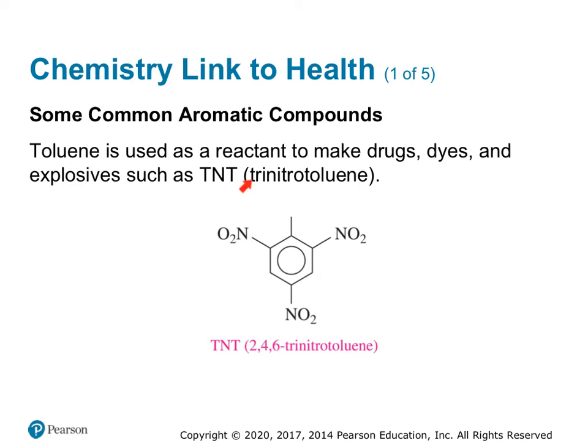TNT stands for trinitrotoluene. So here we have the benzene ring and the toluene methyl group. And then we have nitro groups, NO2, 1, 2, 3 of them attached to the toluene, so trinitrotoluene.